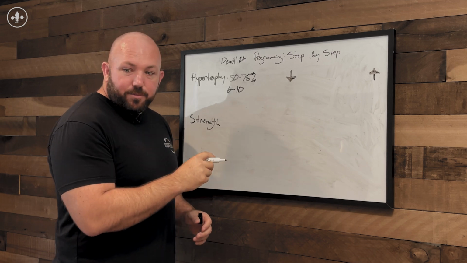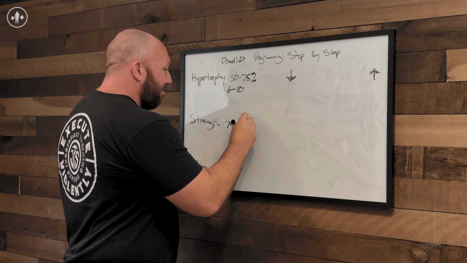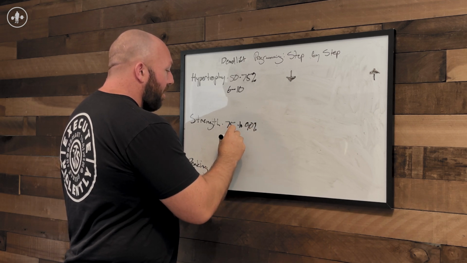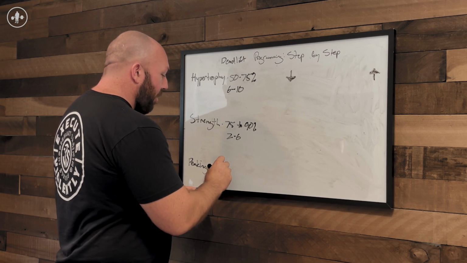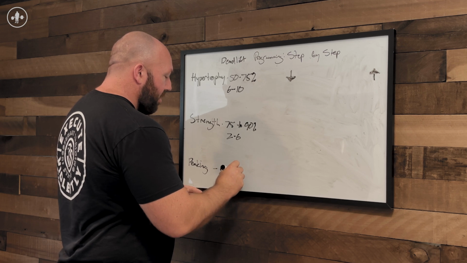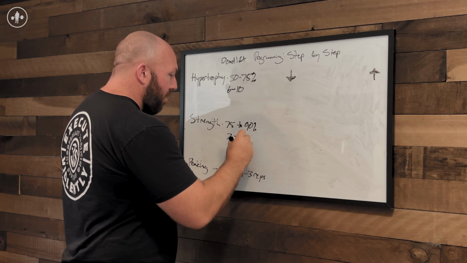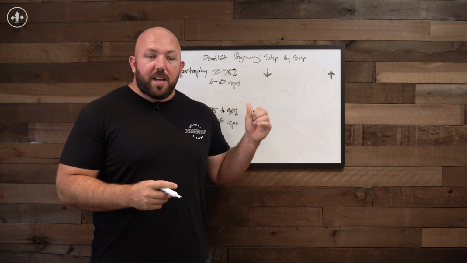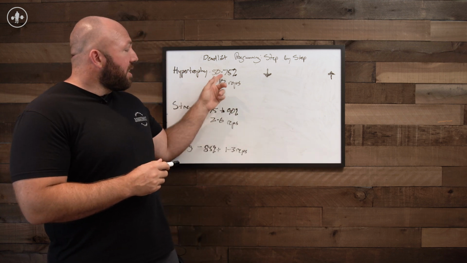Then for strength, 75 to 90% for sets of 2 to 6 reps. And then finally, in peaking, we're looking at lifts at 85% plus for sets of 1 to 3 reps. So whenever I'm referring to a number of sets within a given phase, that's what I'm talking about, a number of sets that fall within these parameters.